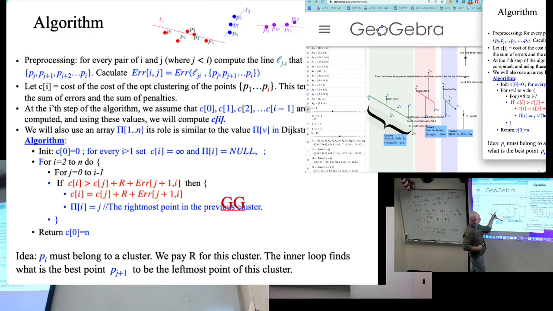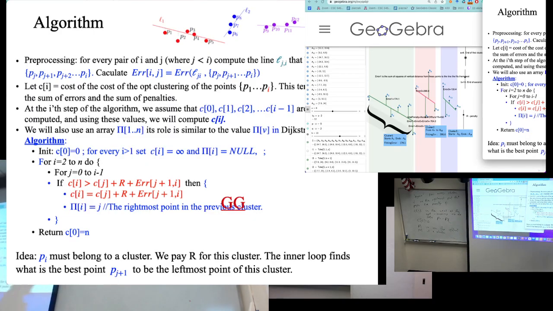What do I need to pay for them? Maybe I'll break them into one cluster, two clusters, three clusters, I have no idea. But I do know that C_J contains the optimum cost of everything up to and including P_J. So that's the cost of this part with the enormous, huge curly brackets, all the points from A_1 to A_J.